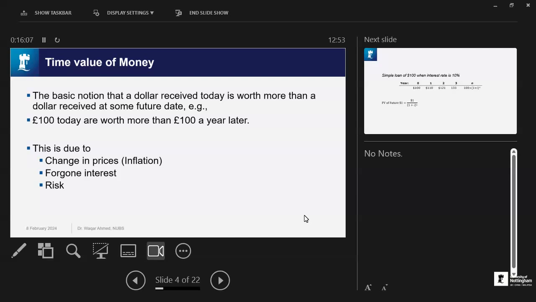So the main reasons we need to take into account the time value of money and discount the future cash flows are these: inflation, opportunity cost, and the risk that the expected cash flows may not materialize. It's these factors that will determine this R, the required rate of return, right?